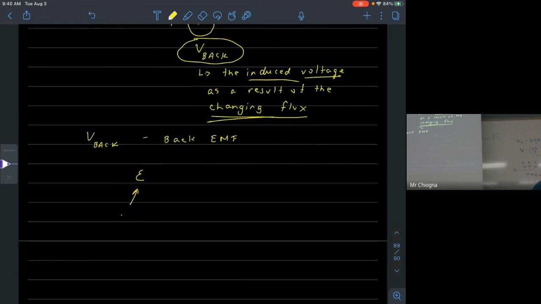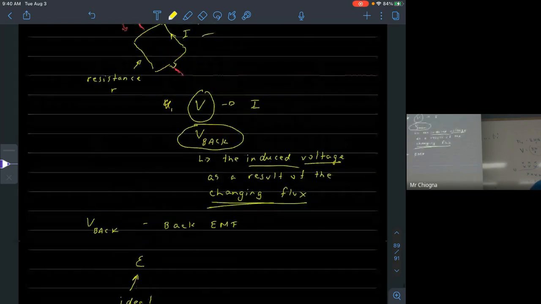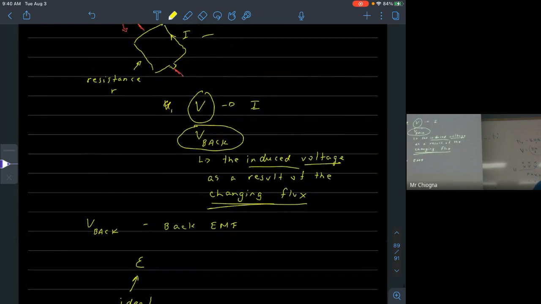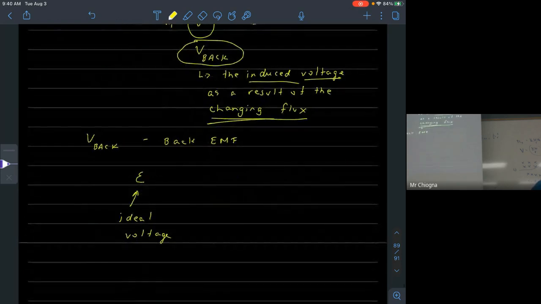This is the ideal voltage in this case. That's the original voltage through that coiled wire. What's voltage always equal to according to Ohm's law? IR.